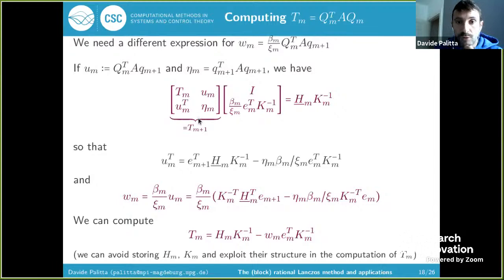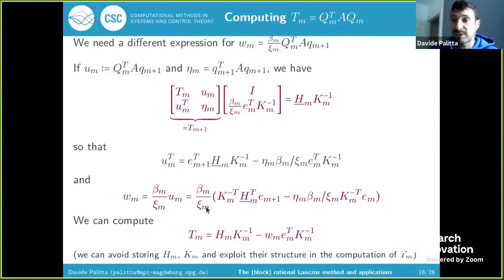If we compute just the matrix product, we end up having this relation here for Um transpose. So this means that Wm, that is just this vector Um multiplied by this scalar here, can be written in this form. And everything that we have in this expression is actually available at iteration M, because beta M is just one of the scalars coming from the short-term recurrence.